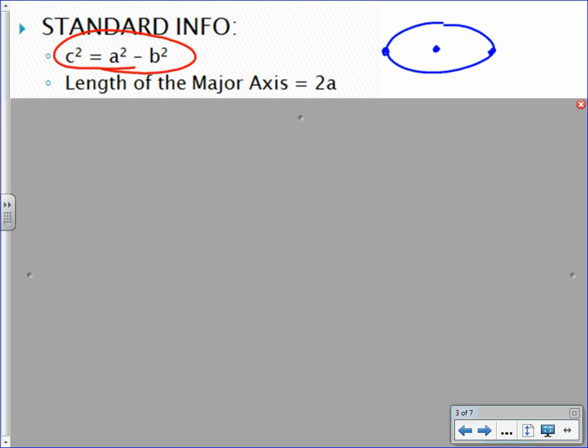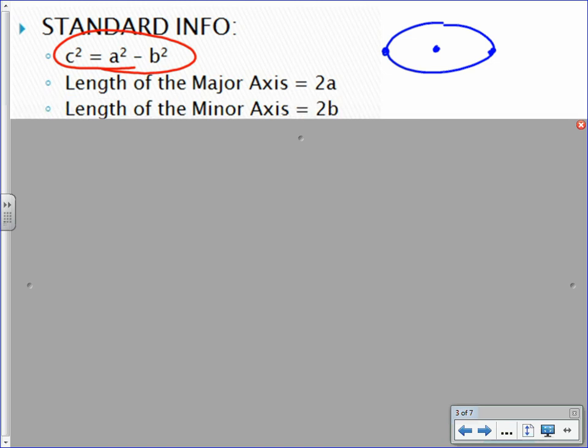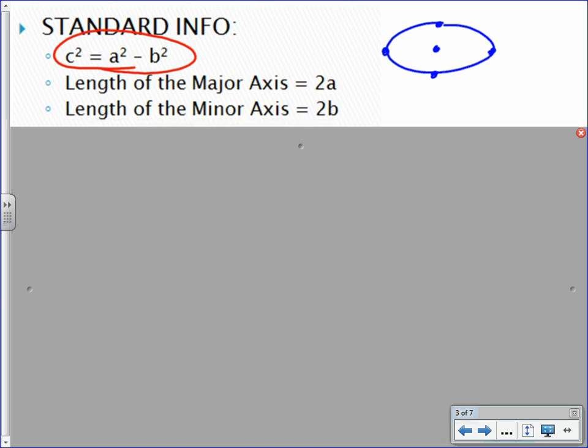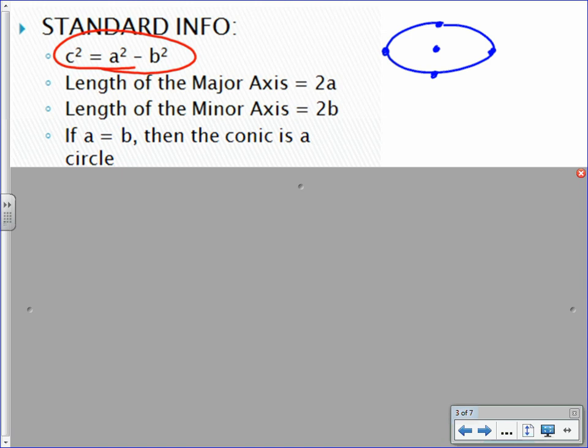How long is our minor axis going to be? 2B, because these points are both B away. What happens if A and B are the same? We have a circle, and then that gives us our radius.